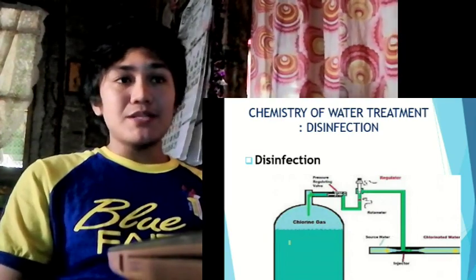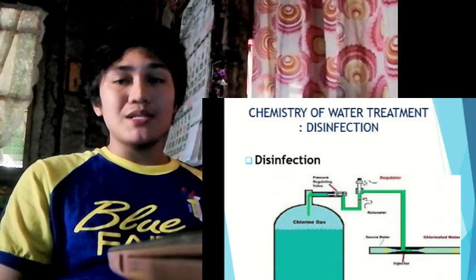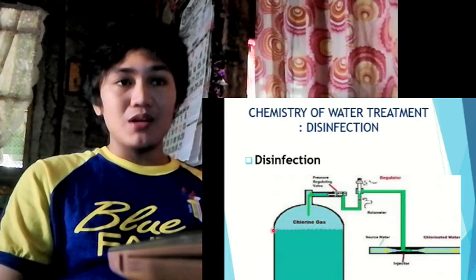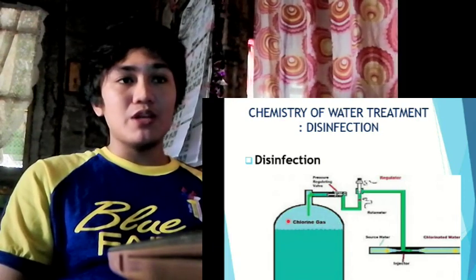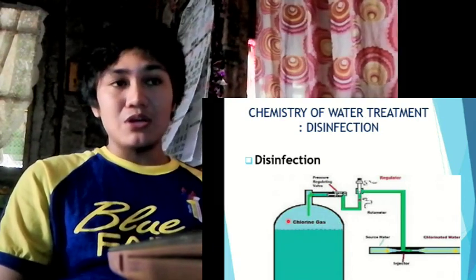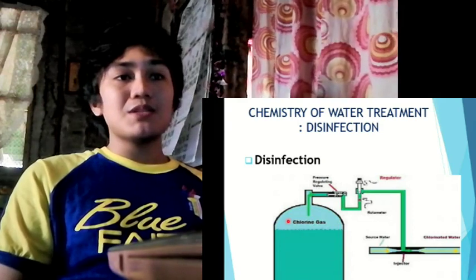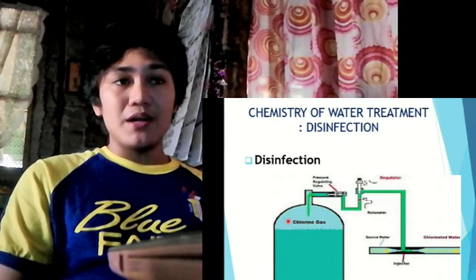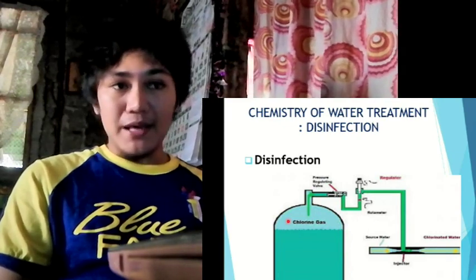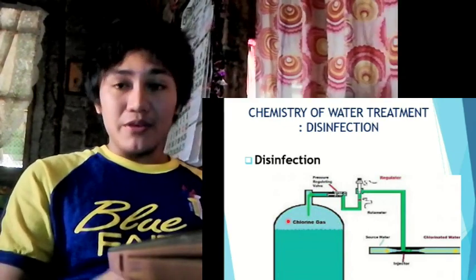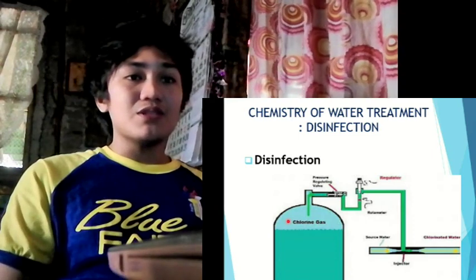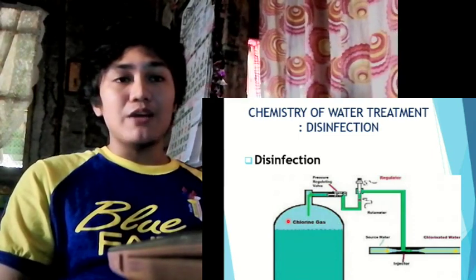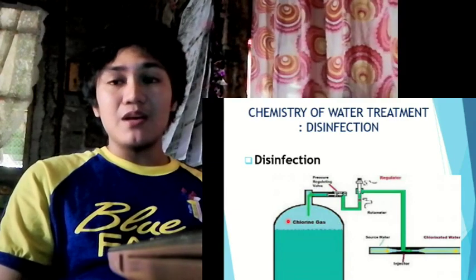Third, they must be neither toxic to humans and domestic animals nor unpalatable or otherwise objectionable in required concentration. Fourth, they must be dispensable at reasonable cost and safe and easy to store, transport, handle, and apply. Fifth, their strength or concentration in the treated water must be determined easily, quickly, and preferably automatically.